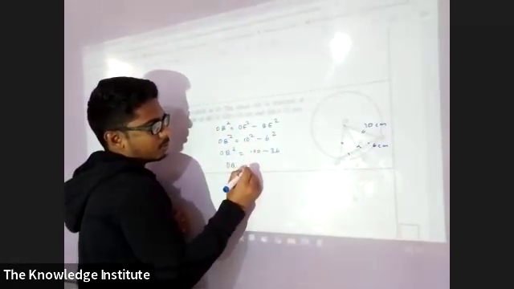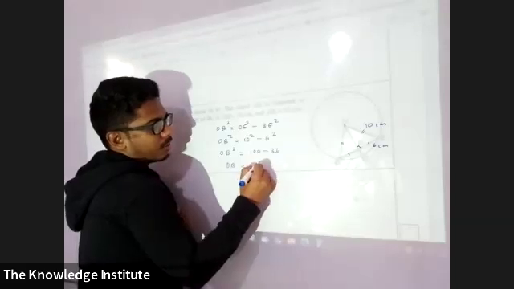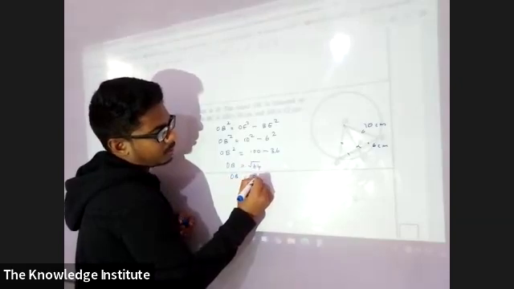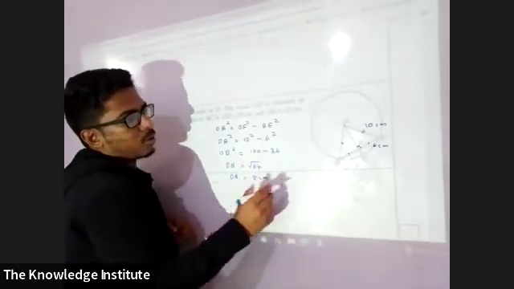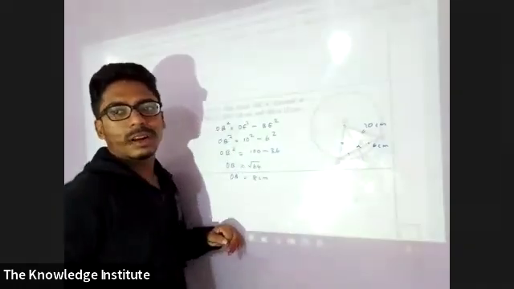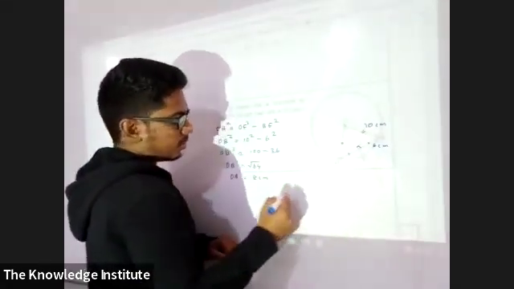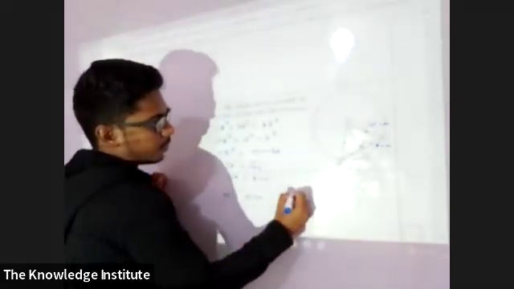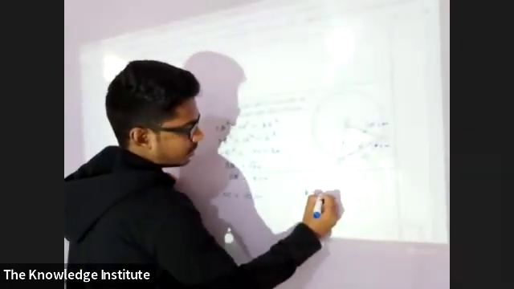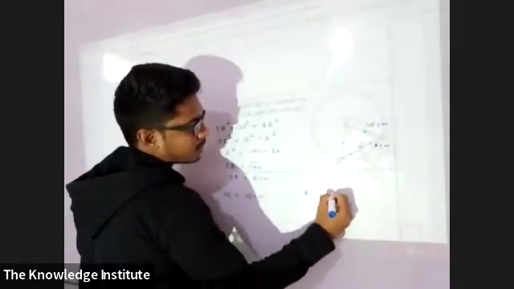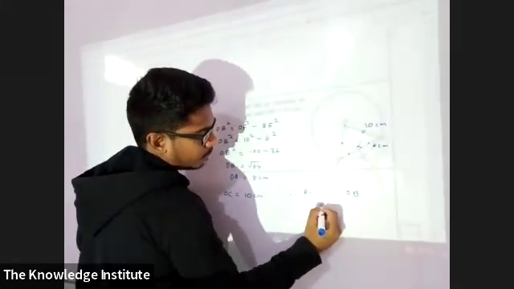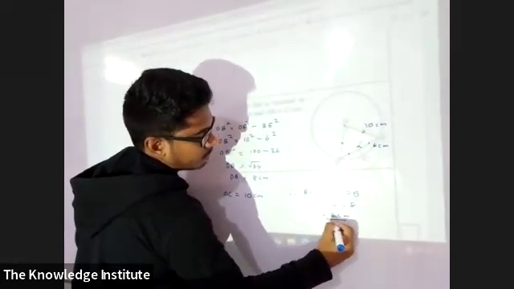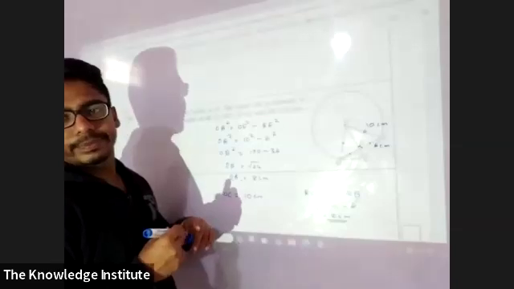So OB is equal to the square root of 64. OB equals 8 centimeters. Now we can see this OC is also the radius. OC equals 10 centimeters. Therefore, BC is equal to OC minus OB, which is 10 minus 8. So therefore, BC is 2 centimeters. Okay.